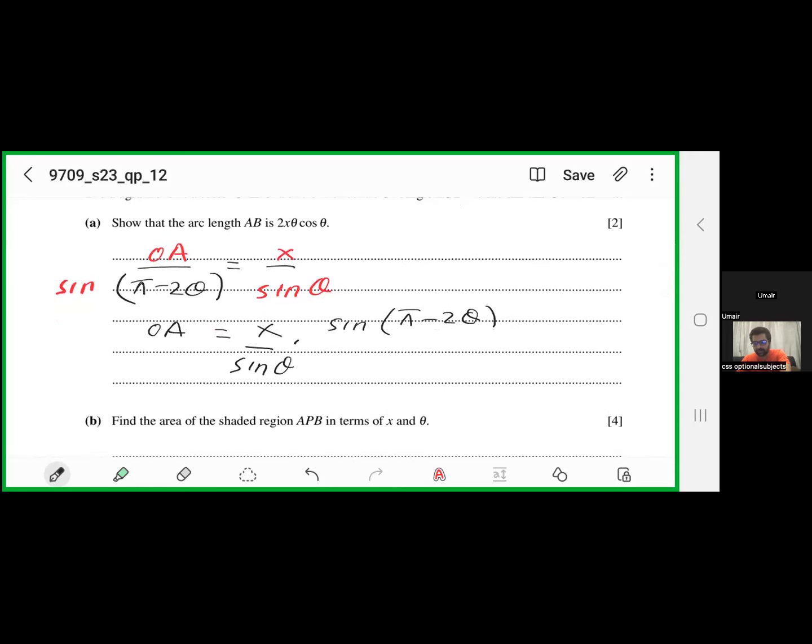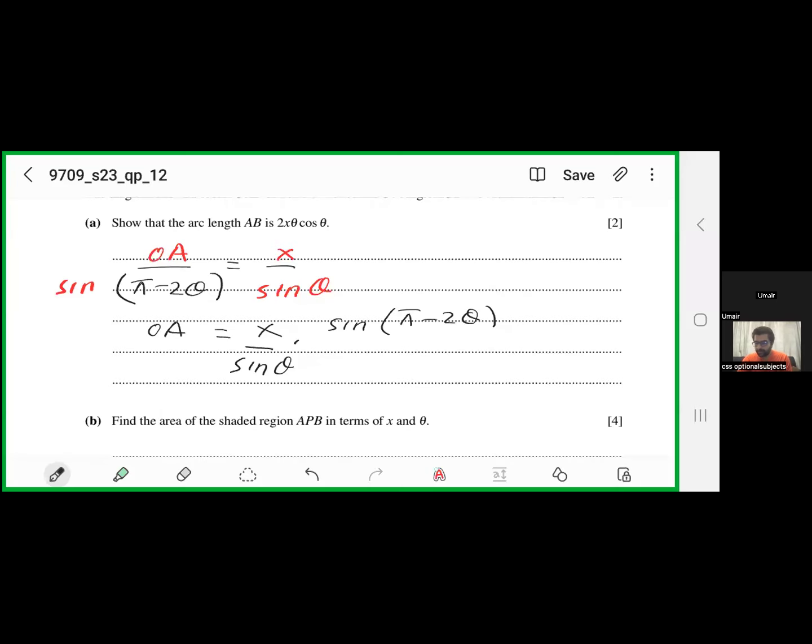Now, we have to show that OA is equal to 2x cos theta, so we have to simplify this one. This pi is basically 2 into 90. Pi is 180 degrees, and 180 is 90 multiplied by 2.